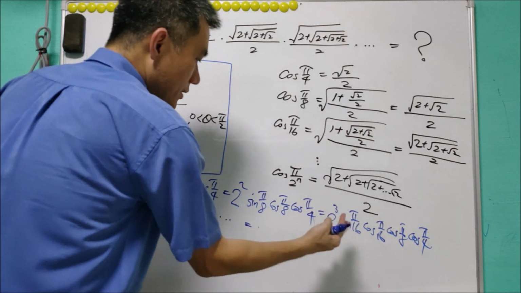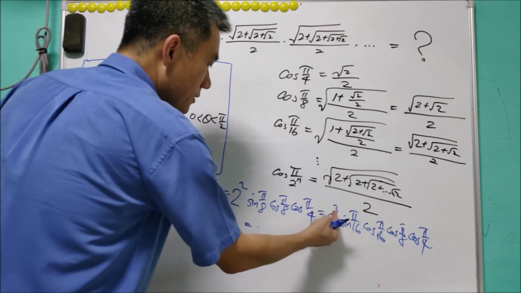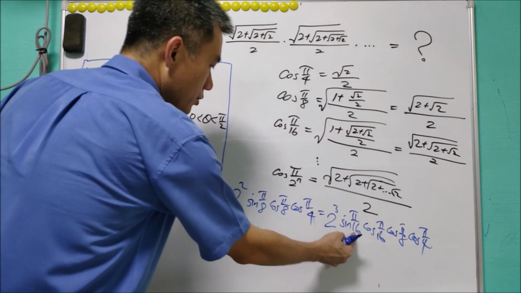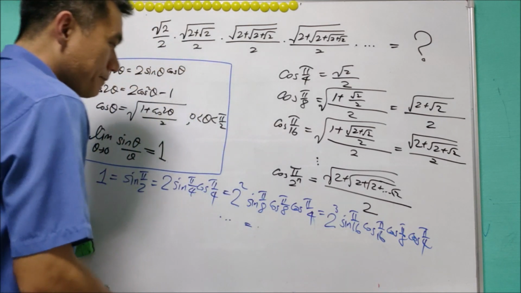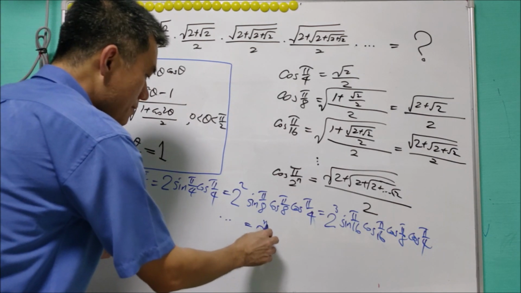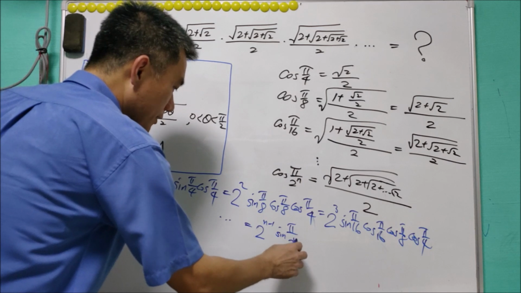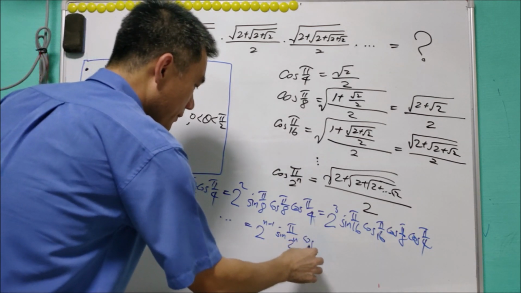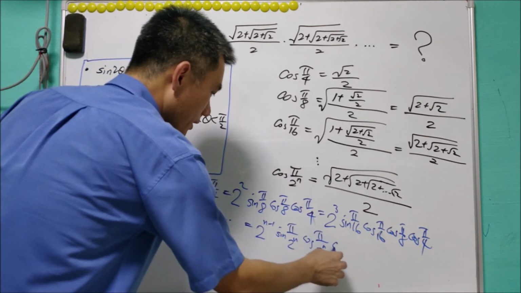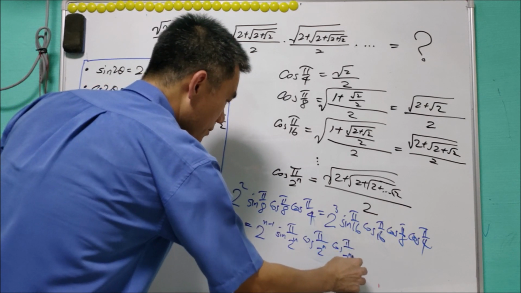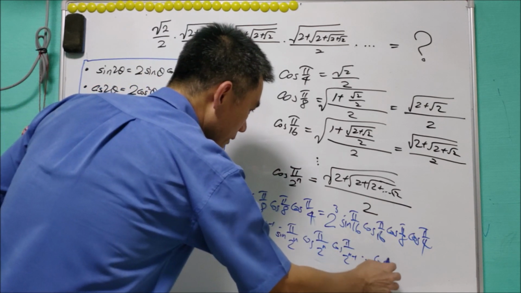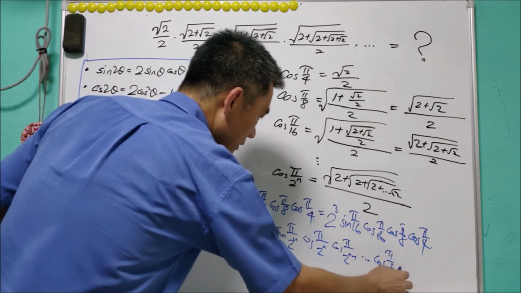Note the pattern that we can have here: if this is 2 to the power of 3, this is 2 to the power of 4. So if this is 2 to the power of n minus 1, then this will be sine pi over 2^n, then cosine pi over 2^n, cosine pi over 2^(n-1), all the way until cosine pi over 8, cosine pi over 4.